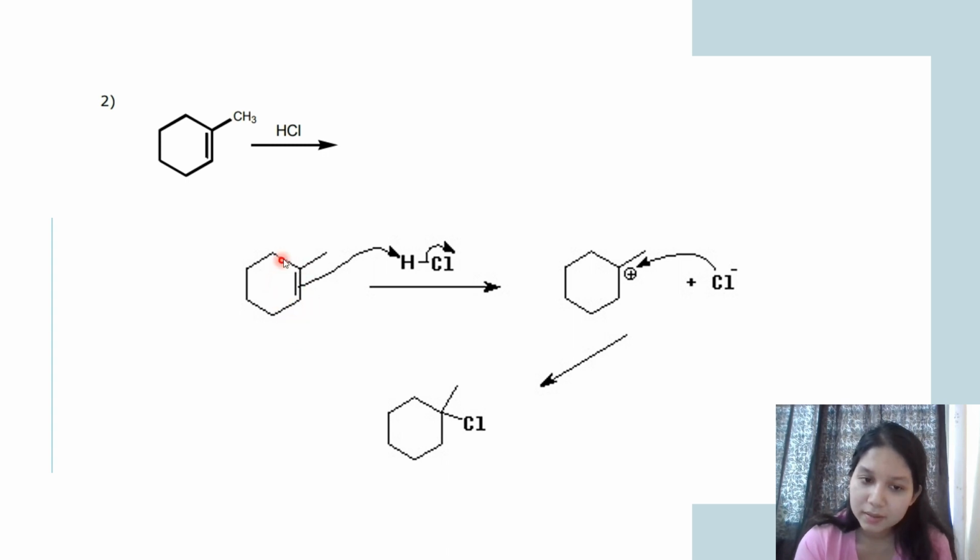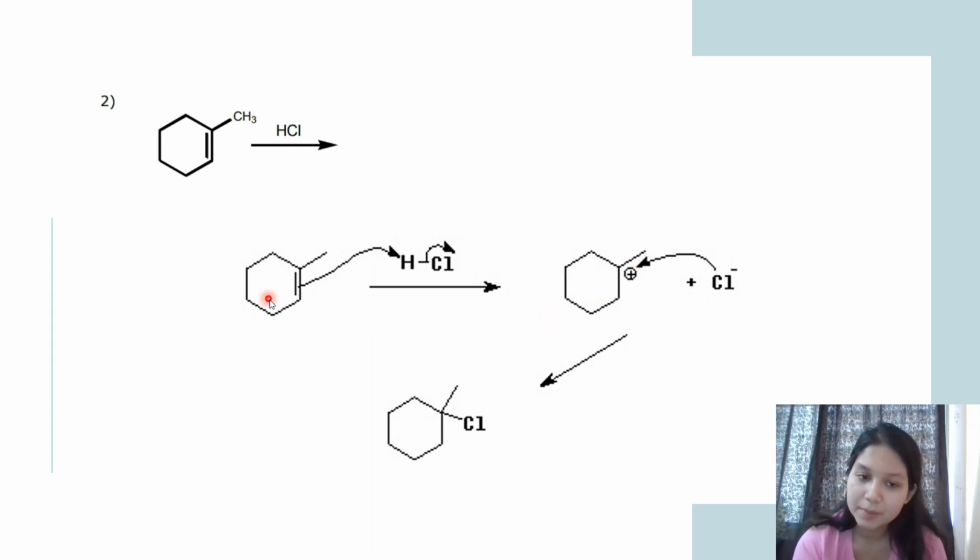The pi bond present in the alkene is electron rich and nucleophilic, and HCl is capable of donating protons. So this nucleophilic pi bond will attack and take up a proton from the acidic medium, and in turn it will form this carbocation.